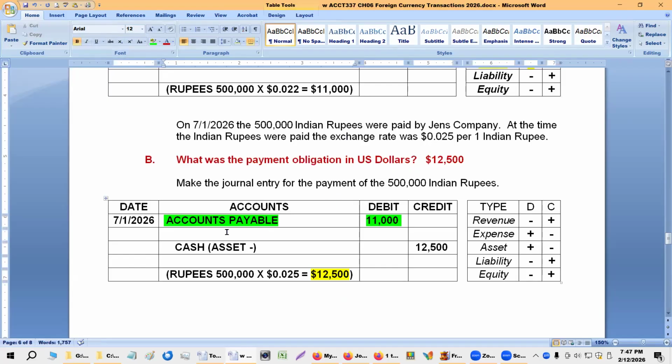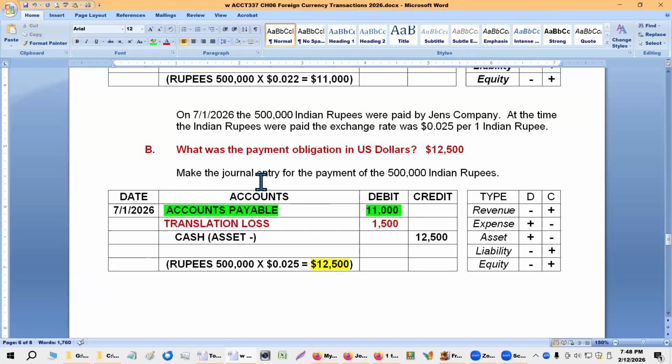Yeah, it'd be a translation loss of $1,500. Because the cost of the rupees went up, so we have to cover that cost.